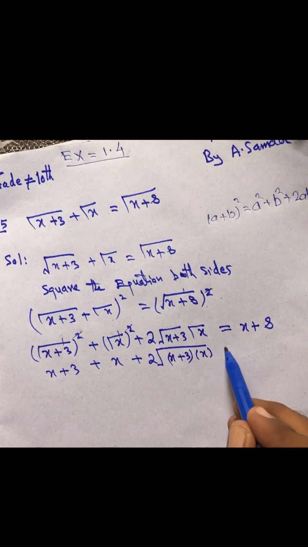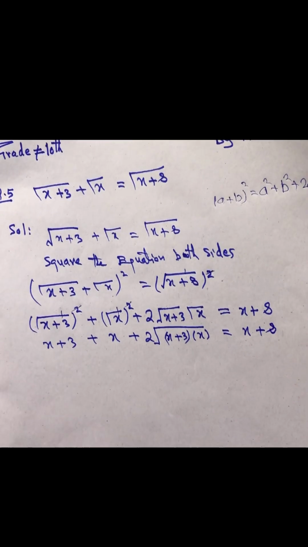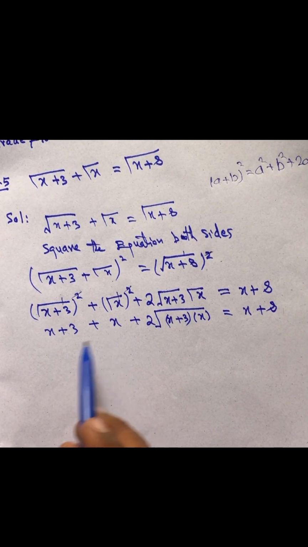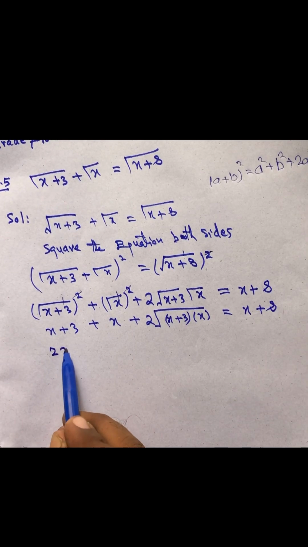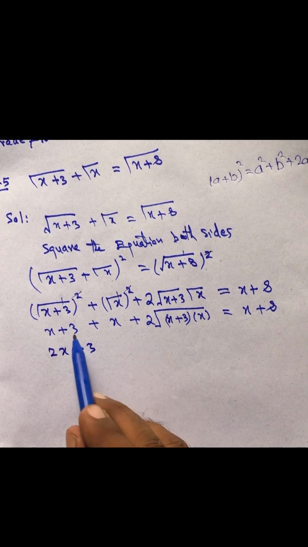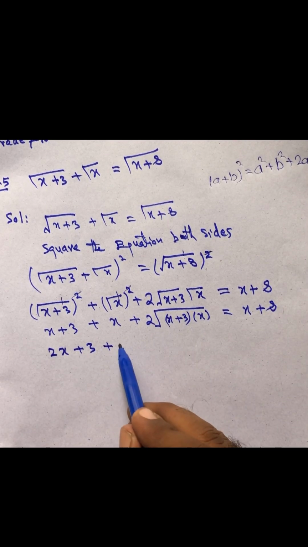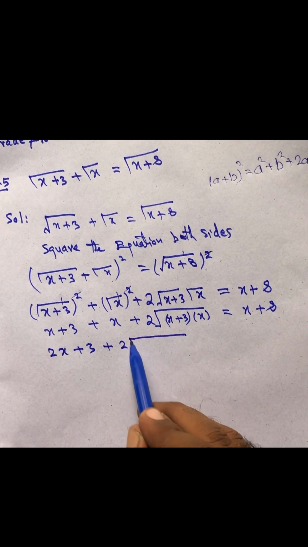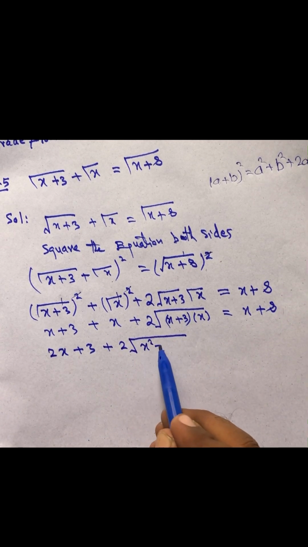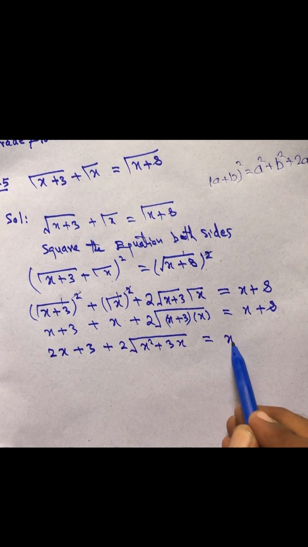Further, this x and this x, plus x, it comes to 2x, plus 3. Remember, this 2 we cannot add with 3 because this is being multiplied with the square root. 2 into, inside this radical sign, x multiplied by x, x square, 3 multiplied by x, 3x, is equal to further x plus 8.